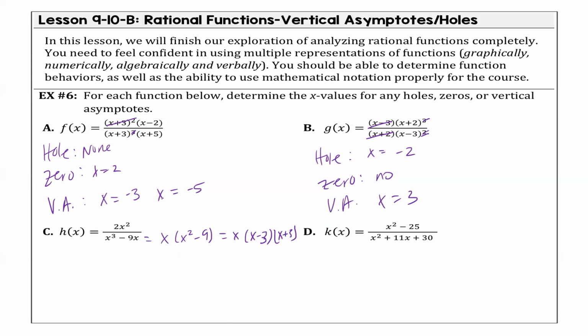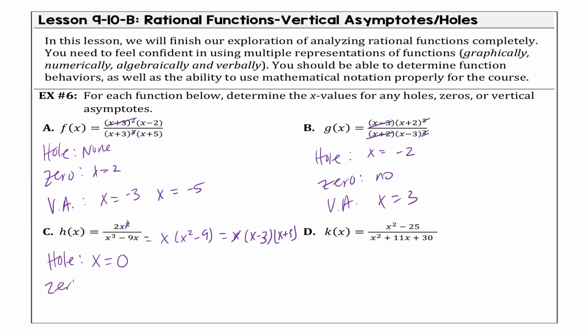There's no factoring. All right. Is there a hole? Yeah. Where is the hole at? It's at 0. The hole's at 0 because I crossed out the x and there's still an x left in the numerator.